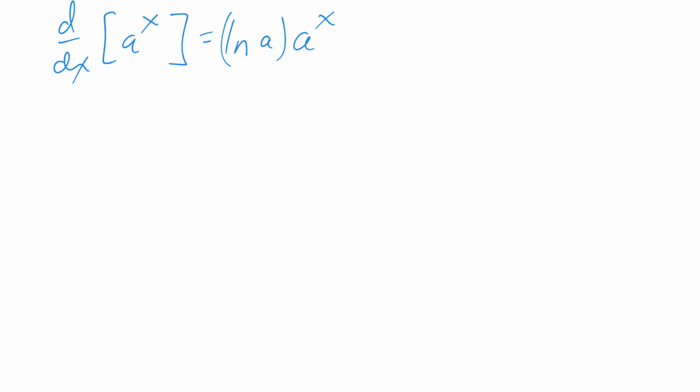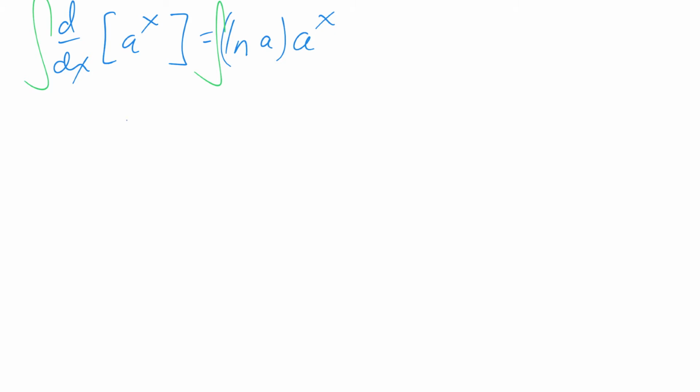So to figure out how to take the antiderivative of an exponential function with a base other than e, I'm going to start with the derivative statement and undo the derivative. So if I start with the derivative of a to the x is the natural log of a times a to the x, and I'm going to take the antiderivative of both sides. The antiderivative and the derivative cancel out.